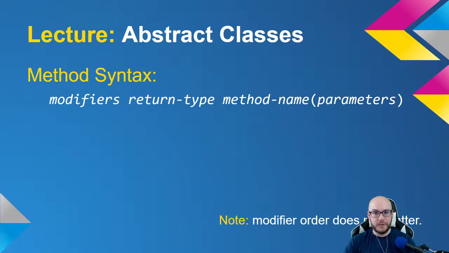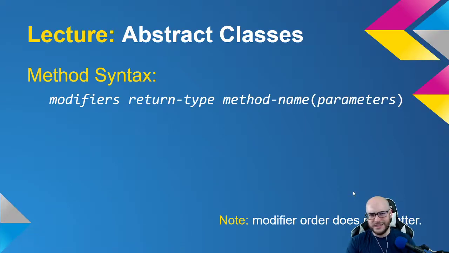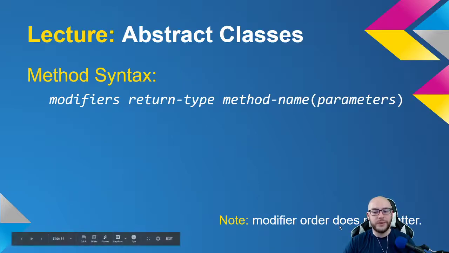Those are access modifiers. Another modifier we know is static. What this note is saying is that you can actually say static public int, right? You can do static public, then your return type, as long as the modifiers all occur before the return type, their order does not matter.